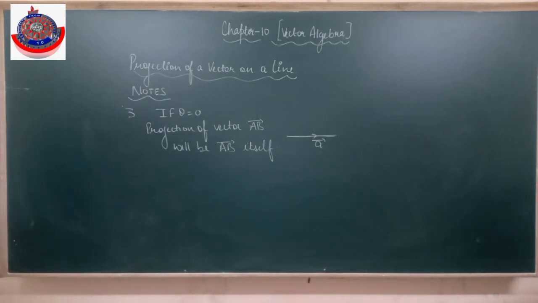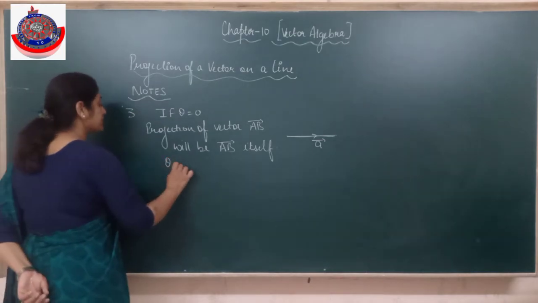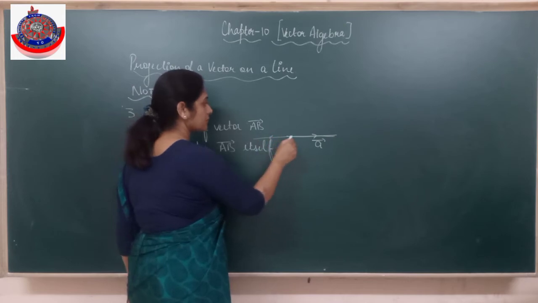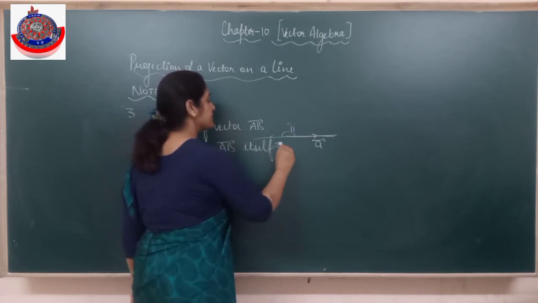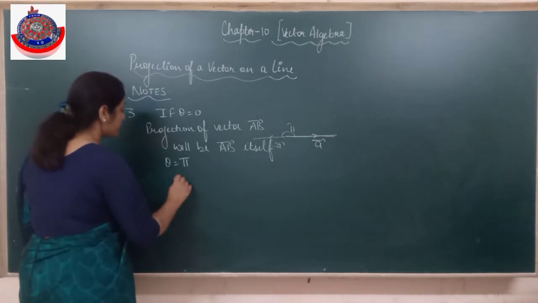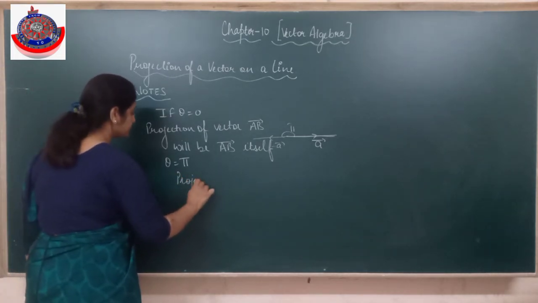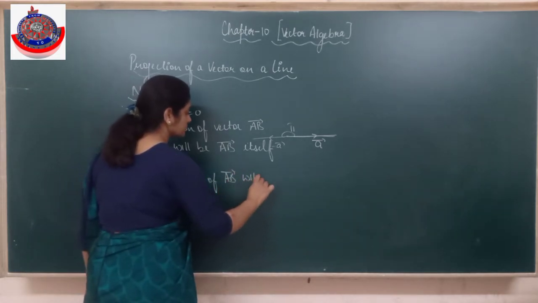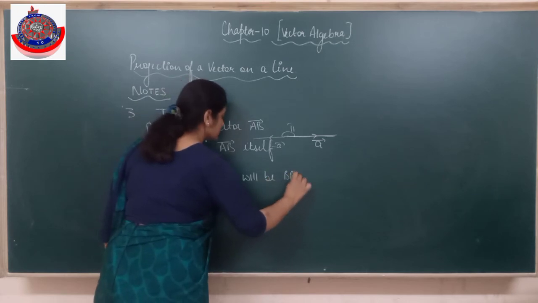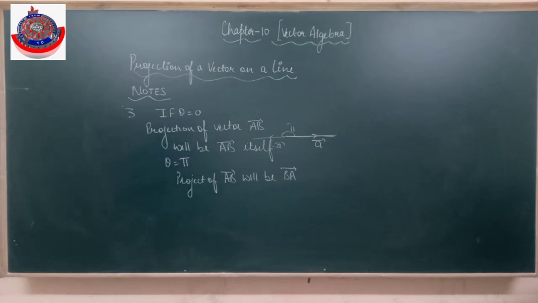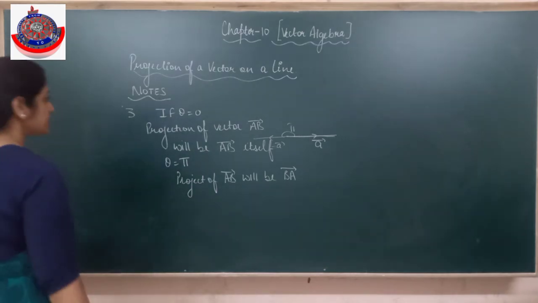Alright, it will be vector AB itself. And if theta is pi, then what will happen? That means minus of A. If that is A vector, this will be minus of A. That means the projection of AB will be BA. Same vector in the opposite direction. Is it clear?